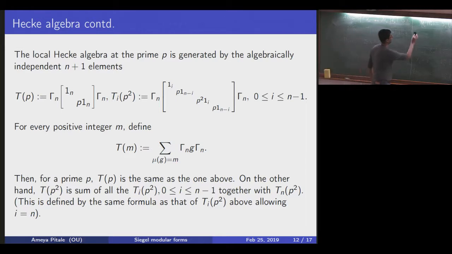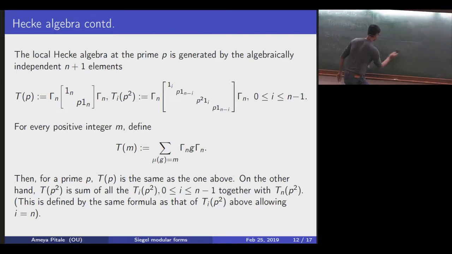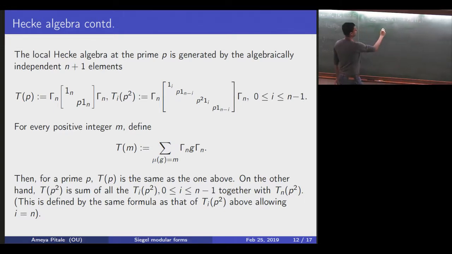And so you get lots of nice properties of the Hecke algebra, namely H_n acts from M_k(Gamma_n) to M_k(Gamma_n). It preserves cusp forms. So the Siegel Phi operator commutes with the action of the Hecke algebra.